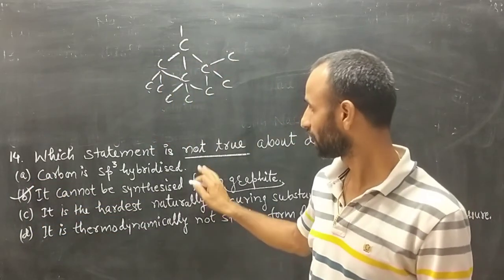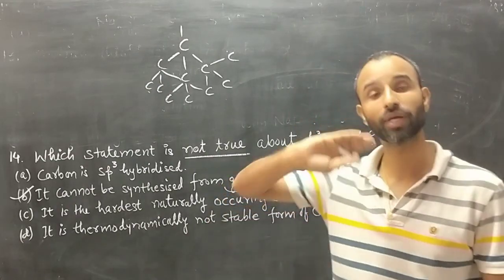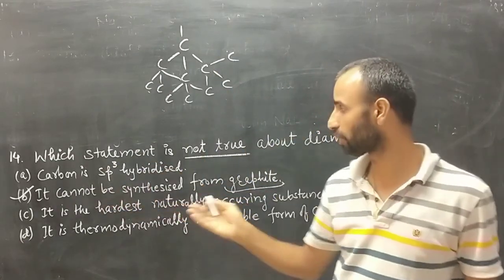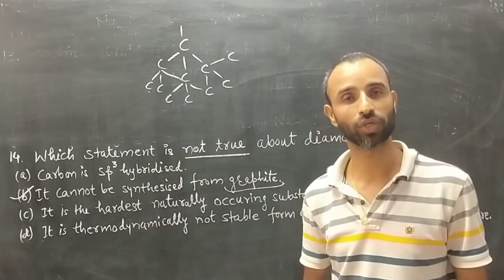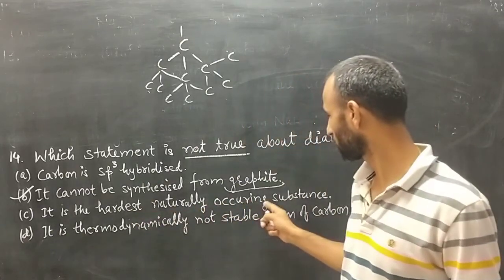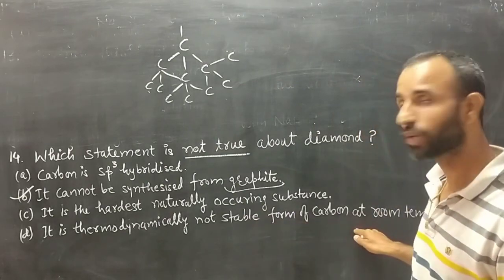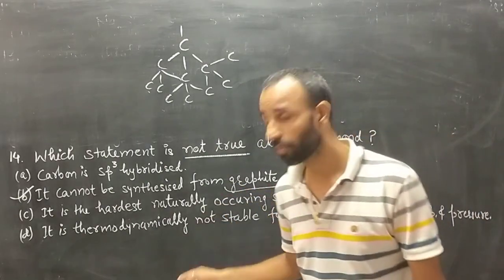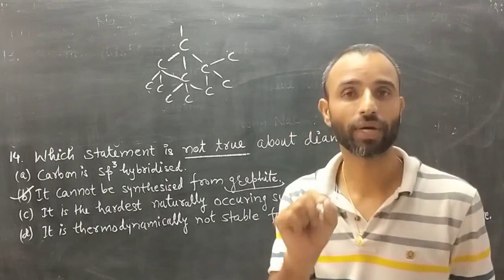Diamond and graphite, vice versa. From diamond we can prepare graphite, and from graphite we can prepare diamond by adjusting the temperature, pressure and catalyst. It is the hardest naturally occurring substance, right? It is a thermodynamically not stable form of carbon, because the thermodynamically most stable form of carbon is graphite.